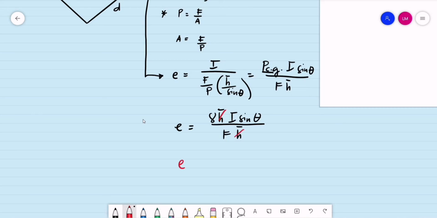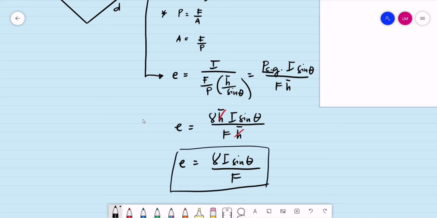So yung formula natin para dito, just in case hindi tayo gagamit ng bar h or bar y, eccentricity can be computed as E equals gamma of the liquid, moment of inertia, the sine of theta, this is divided by the force. Okay, so again, ano yung limitation nito? Applicable siya kapag incline.